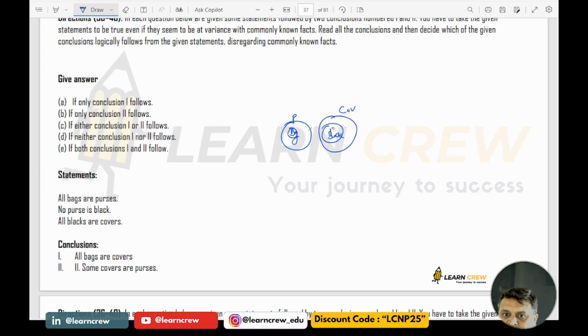So these can have a relation. From purse and black, no relation. But cover and purse can have a relation. Now, all bags are covers is wrong. Some covers are purses is also wrong. Neither one nor two.